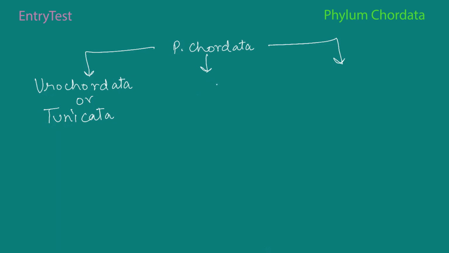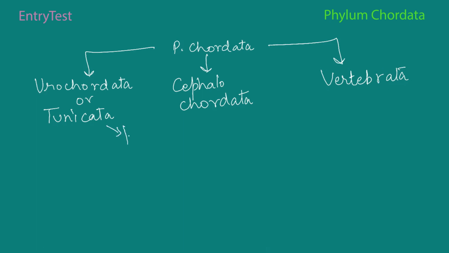The second one is Cephalochordata. And the third one is Vertebrata. Now subphyla Urochordata and Cephalochordata are commonly known as protochordates, and they are exclusively marine.